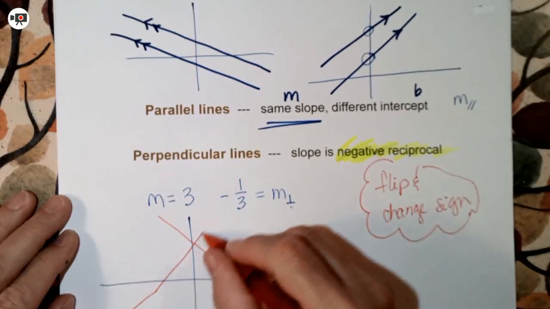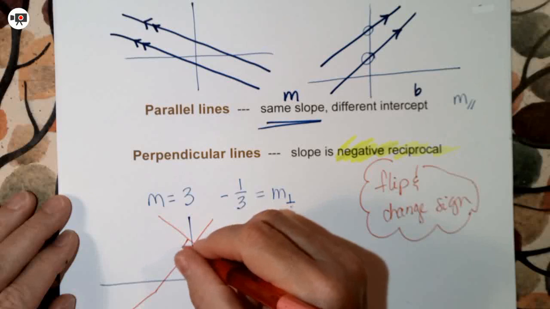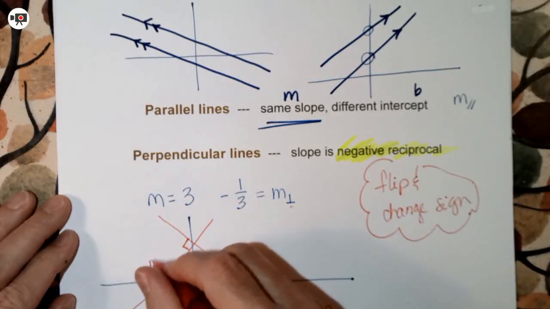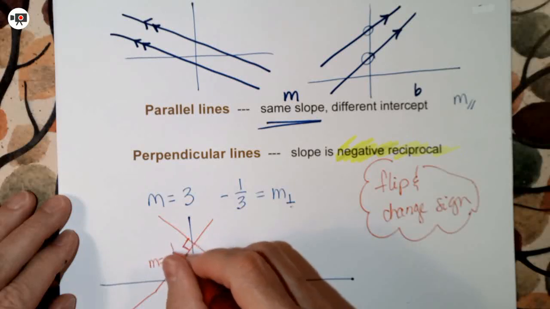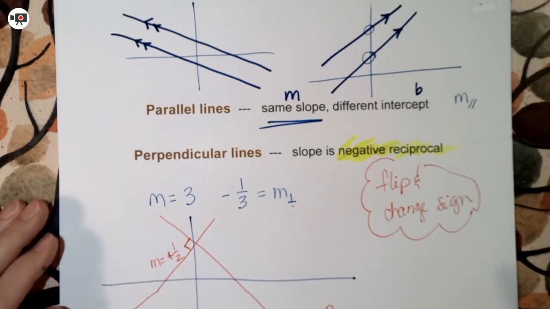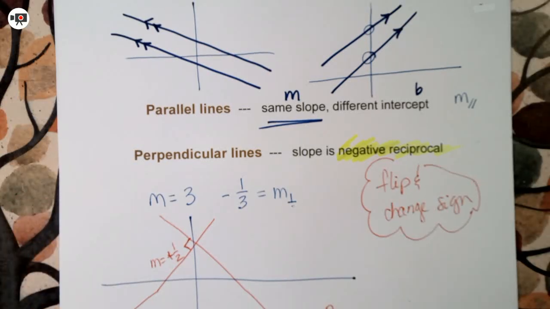It might look like this. Perpendicular, remember, is a box in the corner. And so that one would be a slope of, oops, positive 1/2. This one's -2. That's going uphill. Of course, it's positive. Okay, slope of positive 1/2, a slope of -2. Those are negative reciprocals. Okay?